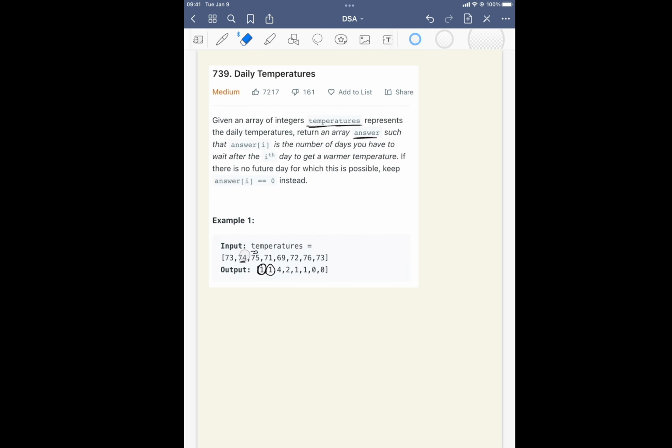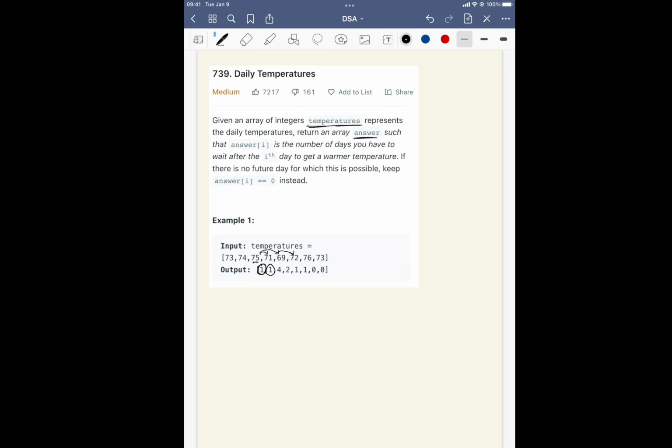Now for the next day, 75, the next day after that, the temperature is 71, which is not greater than 75. So you still are looking. So then you look the next day after that, and that is 69. That's not greater than 75, so you have to keep looking. Then you look for the next day after that.